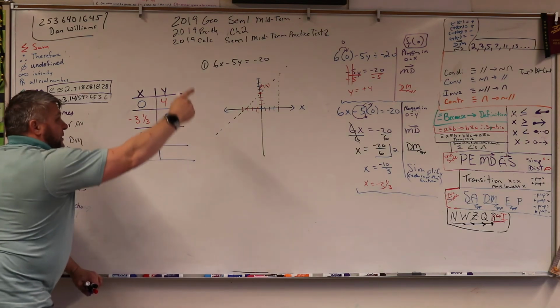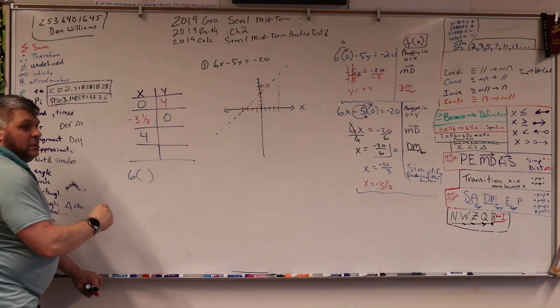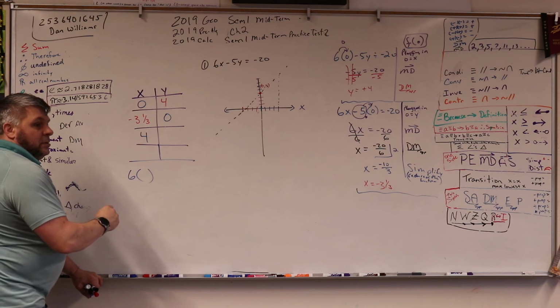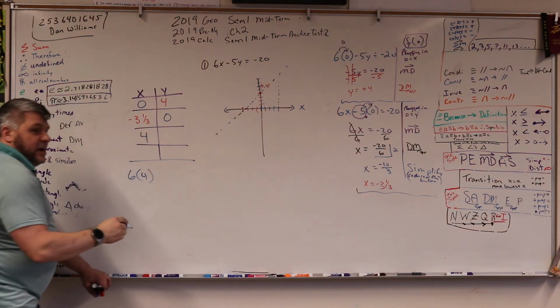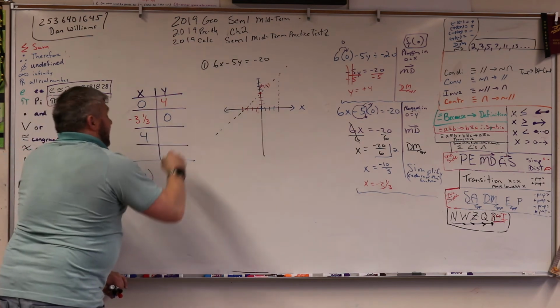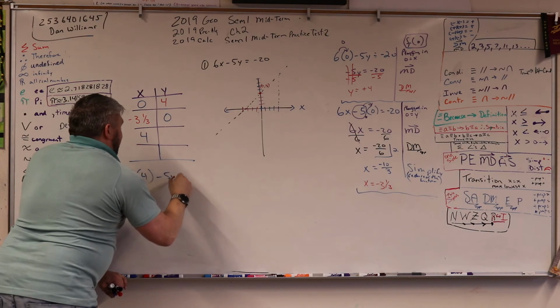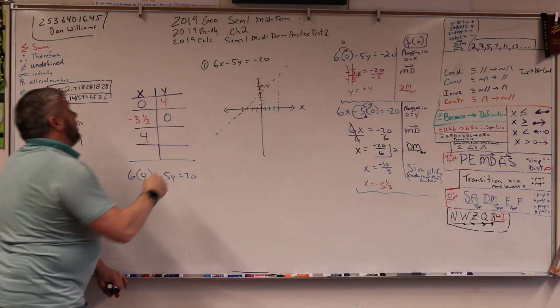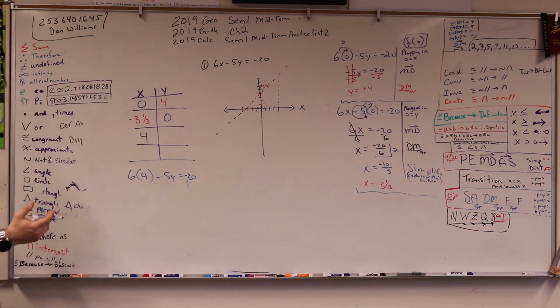Okay? And I'm going to say what? 6 times what? What did I plug in? 4, right? And then minus, because this is my equation, right? Minus 5y equals 20, or negative 20, sorry. Equals negative 20, okay?